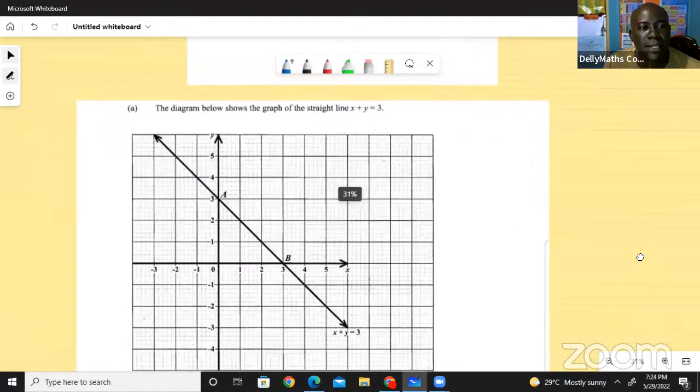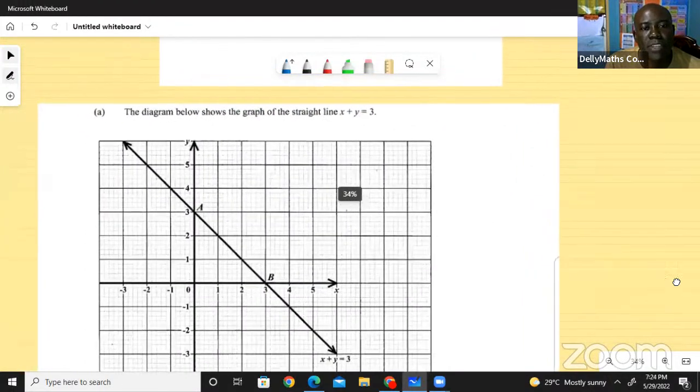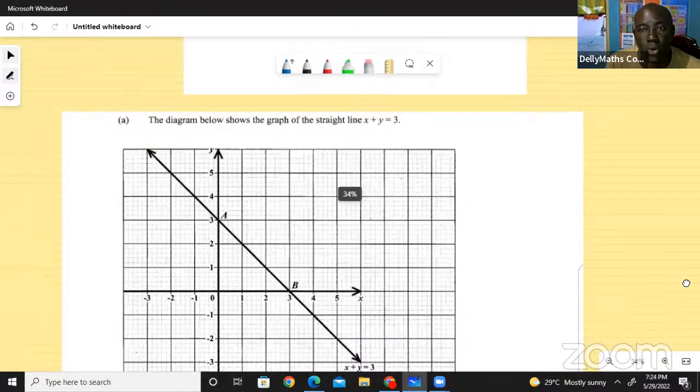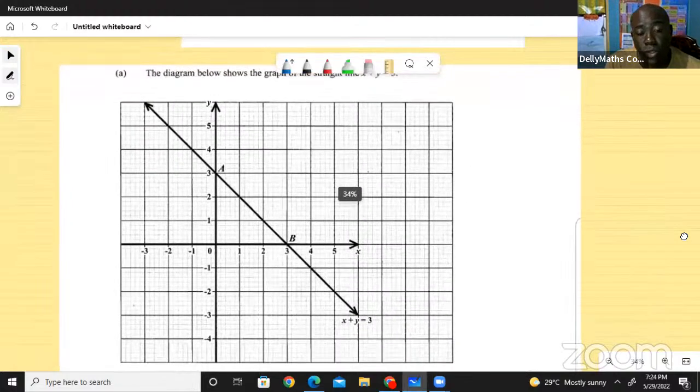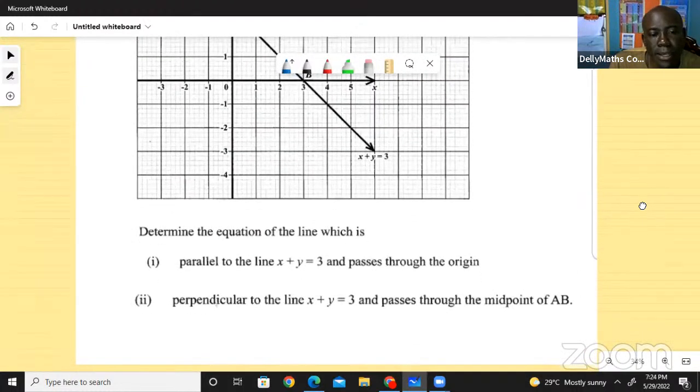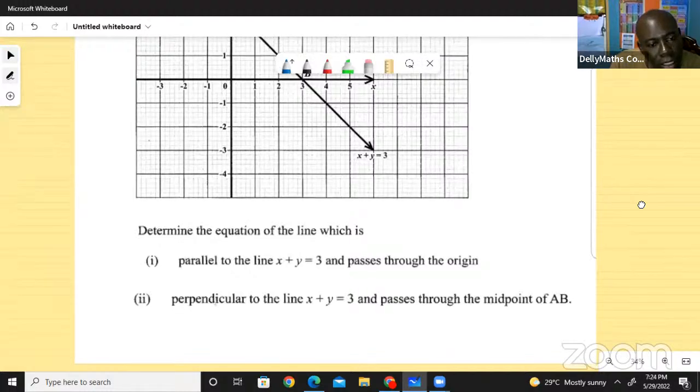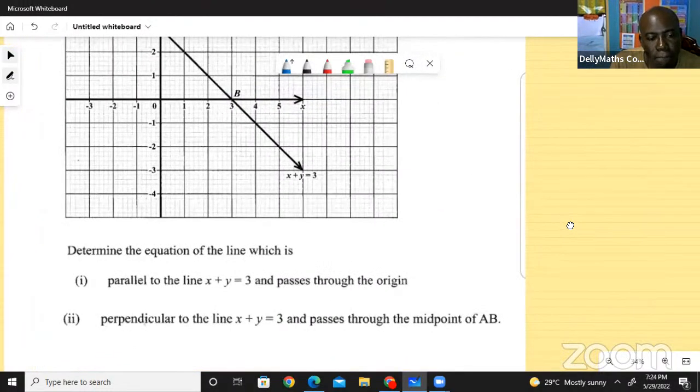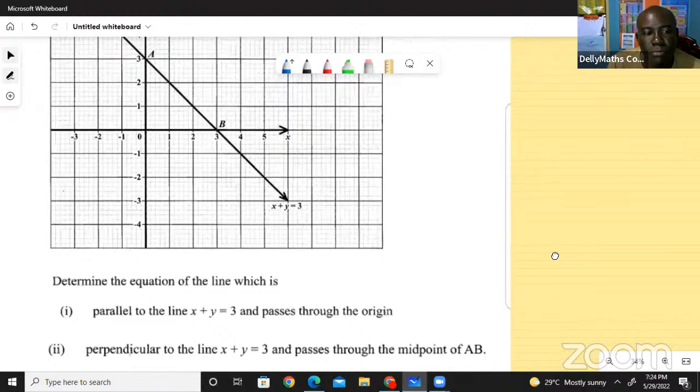All right, it says the diagram below shows the graph of the straight line x plus y equals 3. So that's the line, x plus y equals 3. They are saying to determine the equation of the line which is parallel to x plus y equals 3 and passes through the origin.